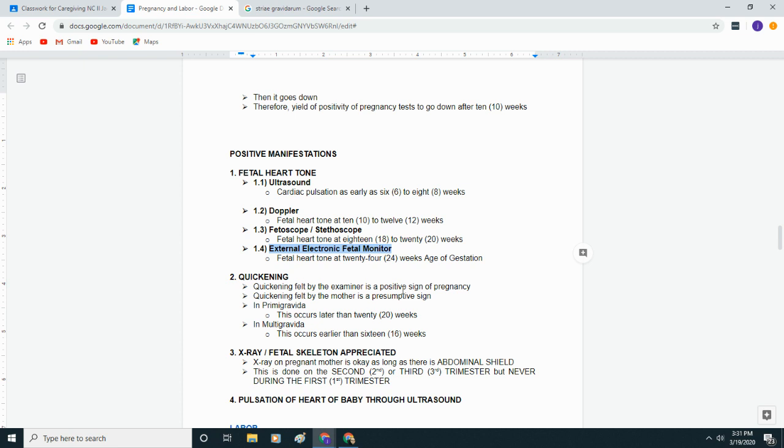So this should be felt by the examiner, the quickening or movement. In primigravida or first-time mothers, this occurs later than 20 weeks. After 20 weeks. So in multigravida, in previous mothers or mothers with already children, 16 weeks.